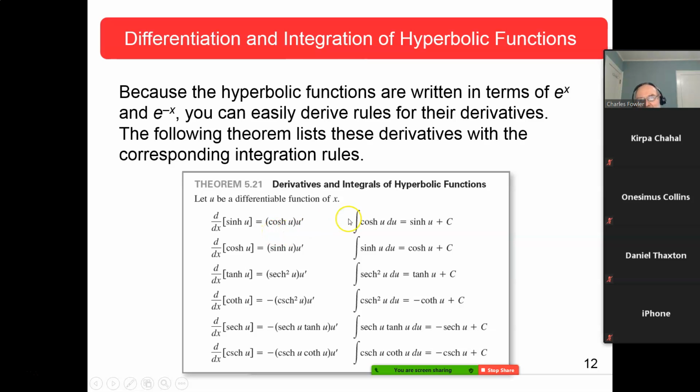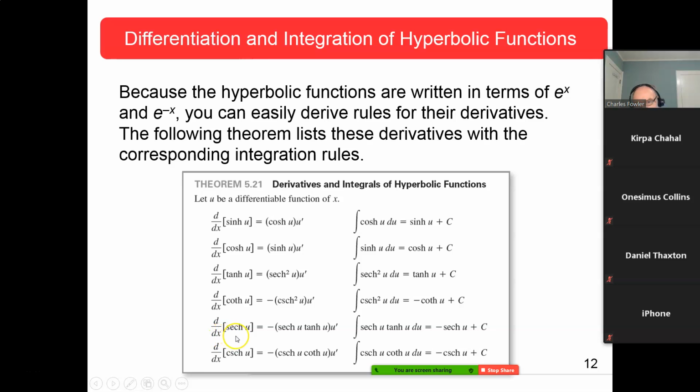Similar. Derivative of hyperbolic cosine is hyperbolic sine, not minus hyperbolic sine. So again, this is the same, that's different, just by a sign. And the derivative of hyperbolic tangent is indeed hyperbolic secant squared. Cotangent gives minus hyperbolic cosecant squared.